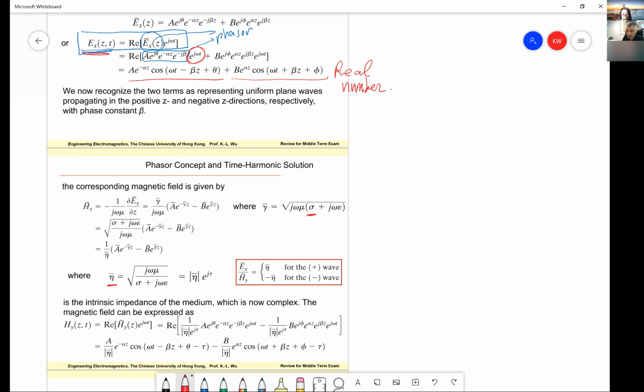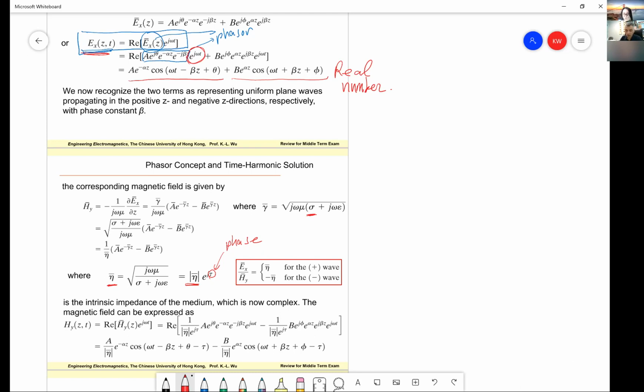This complex number we can represent in magnitude and phase.